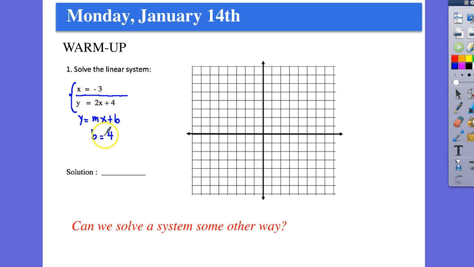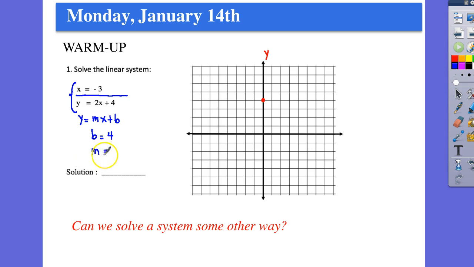So your b value, that's going to be your first point on the y-axis. Remember that it's on the y. That's why that b is called the y-intercept. It's a point on the y-axis. So let's see, where is that? 1, 2, 3, 4. So right here, that's your y-intercept. B equals 4.